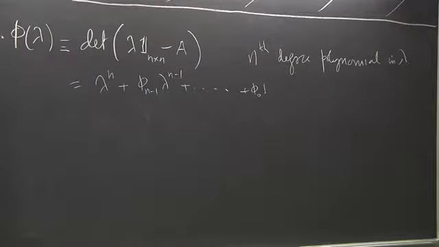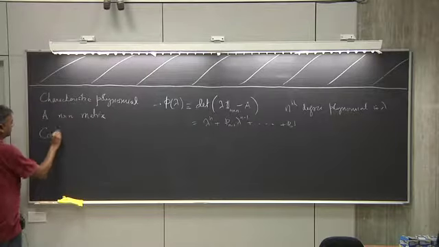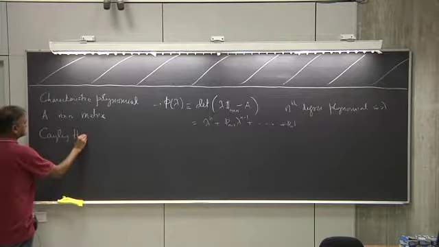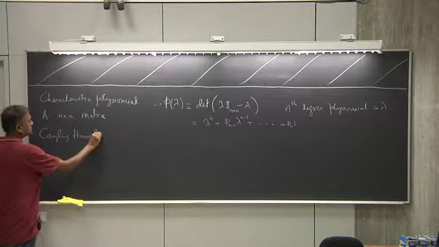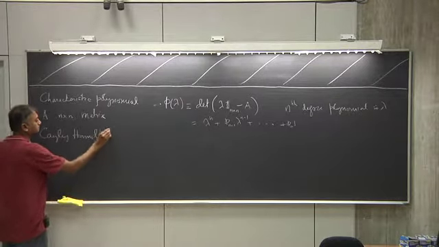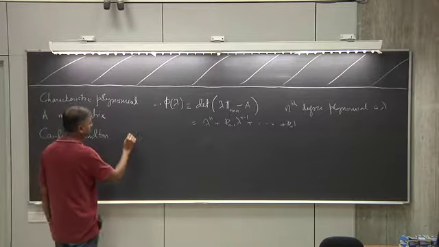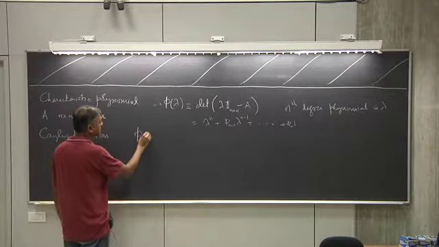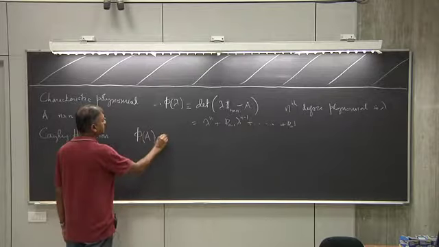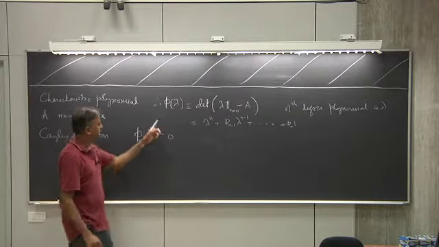Then the Cayley-Hamilton theorem states that phi of A is identically equal to 0. What is phi of A?